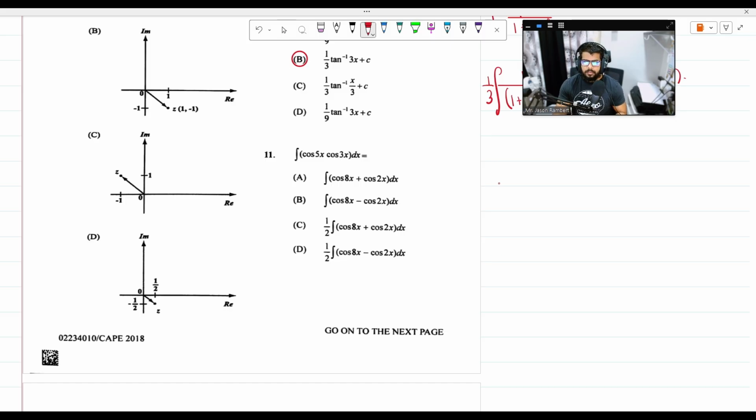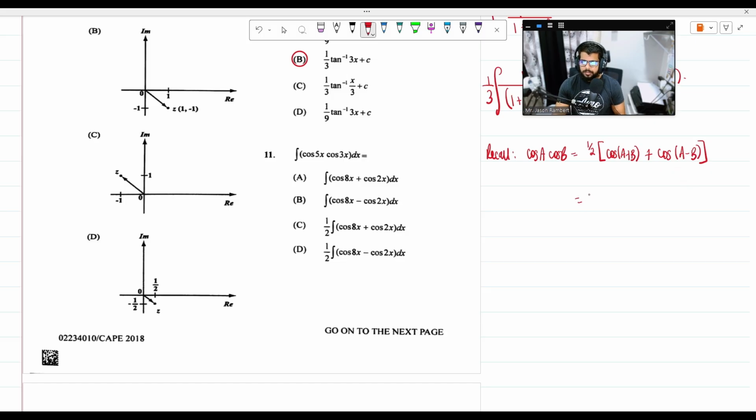If I recall correctly, cos A cos B is equal to a half cosine A plus B. Is it minus or plus? I think it's plus. Cosine of A minus B. I think that's the correct one.